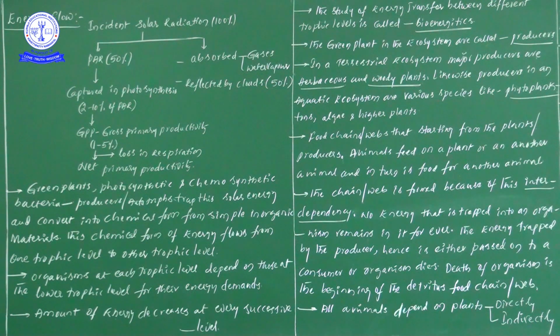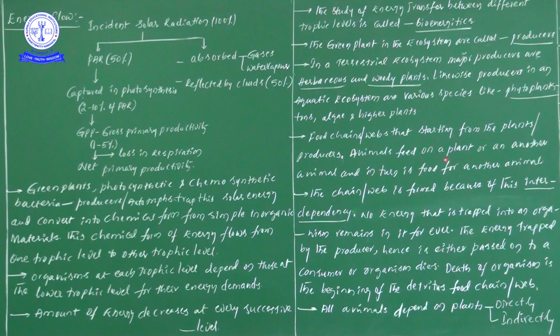Now the food chains and food webs start from the plants or the producers. Suppose you take any kind of food chain or food web, it must start from the plants or the producers.